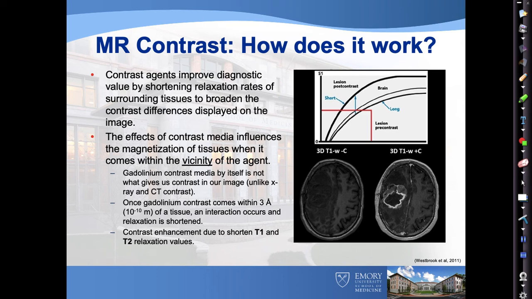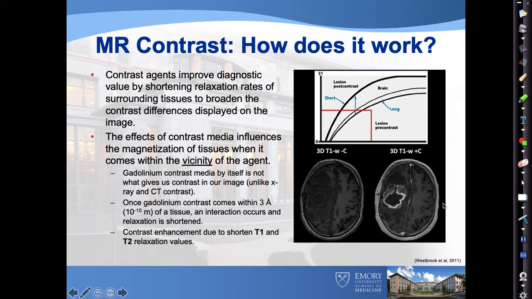This is important because it's different from our X-ray and CT contrast. Gadolinium contrast media by itself is not what gives us contrast in our image. Once gadolinium contrast comes within 3 angstroms of a tissue, an interaction occurs and the relaxation is shortened. Contrast enhancement is due to the shortening of the T1 and T2 relaxation values.